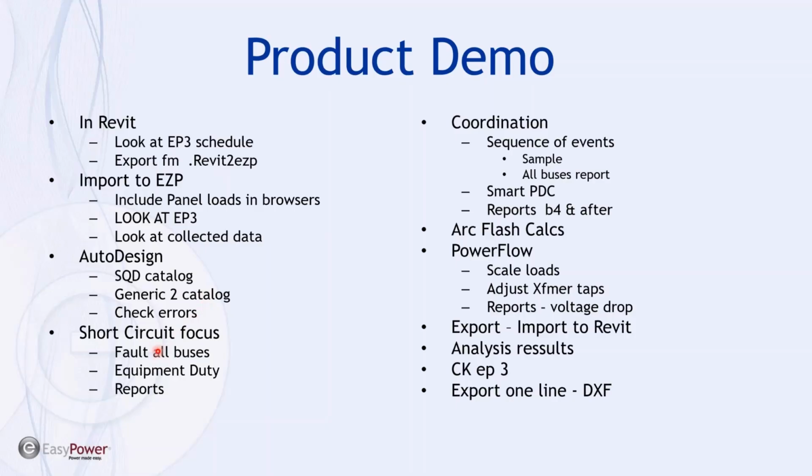We're going to do short circuit analysis to come up with fault current and equipment duty, make an attempt at coordination. And I say that because there's quite a few elements of molded case circuit breakers which defy coordination, but we're going to give it a best shot. So with all that said, let's jump into Revit.